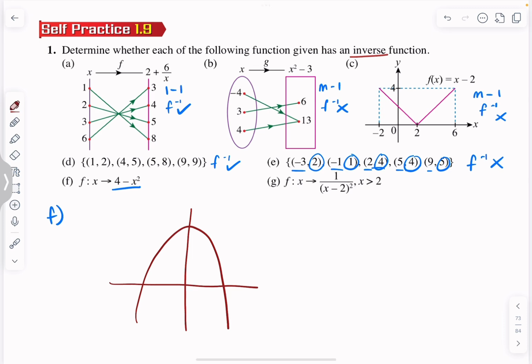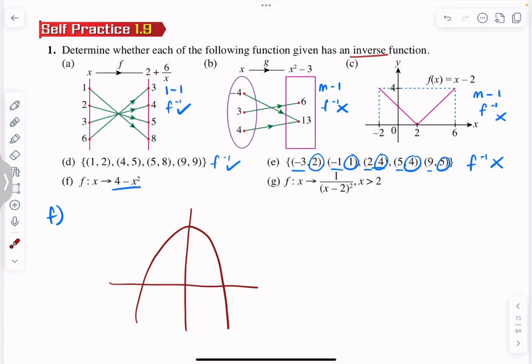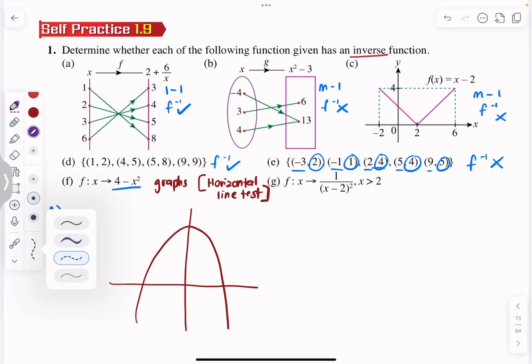Now we can find if it has an inverse or not. Another way to find out, for graphs, is to use the horizontal line test. What we do is draw a horizontal line and check how many places it cuts.